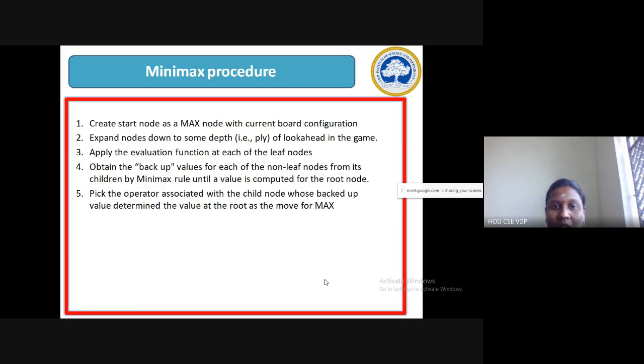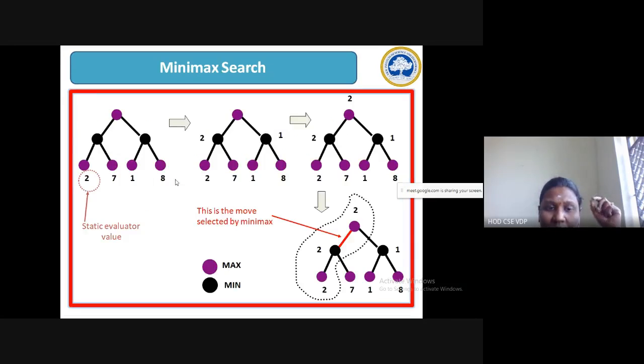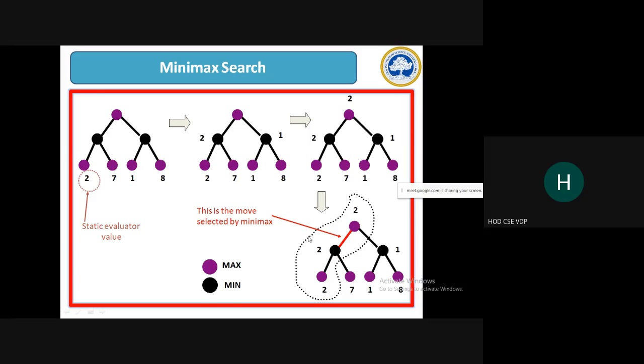Okay, so create a node as max. This game we have already played. So what is backup? You have to choose the minimum or maximum, right? So here you have the values. These two are children. Depending on how you name this, either as maximum or minimum, you have to back up the values. Here the black node is minimum, so I am backing up 2. Among the children nodes, I have 2 as my minimum.